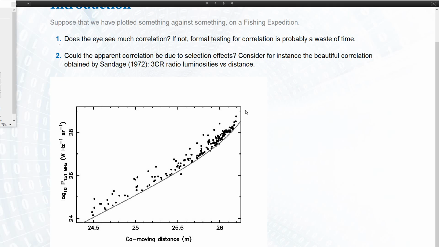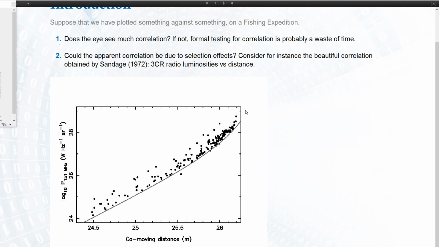Okay, so the problems with this plot are, first of all, the line that's plotted here is the detection limit of the detector. The detection limit means we cannot observe anything below this line, just because the signal is too weak.